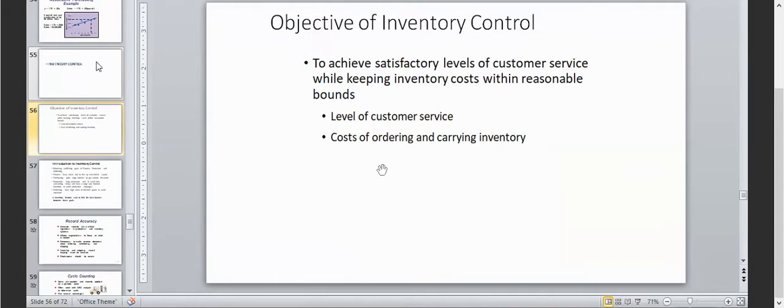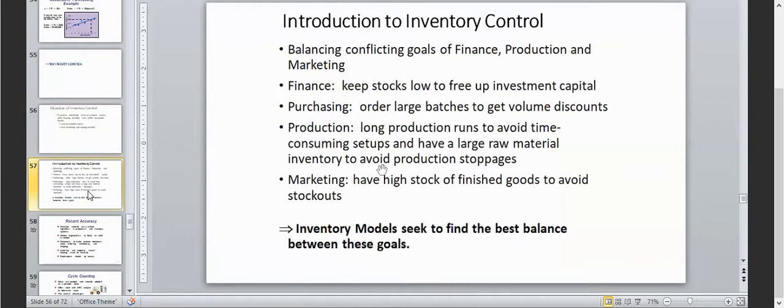So the next topic will be on inventory control.